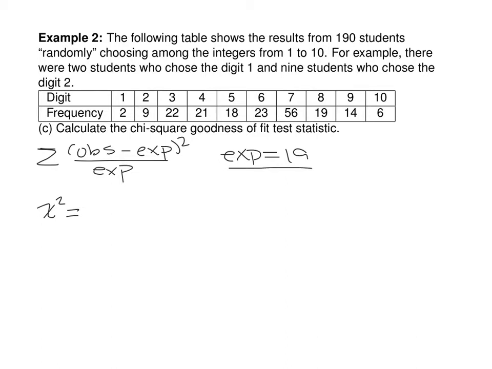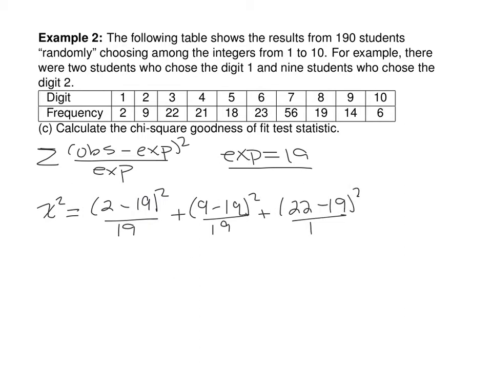So first we have the digit 1. We observed that 2 times, minus an expected value of 19, squared, divided by 19. We observed the number 2 9 times, so 9 minus 19 squared over 19. And keep going. We observed 3 22 times, so 22 minus 19 squared over 19. We observed 4 21 times, so 21 minus 19 squared over 19.